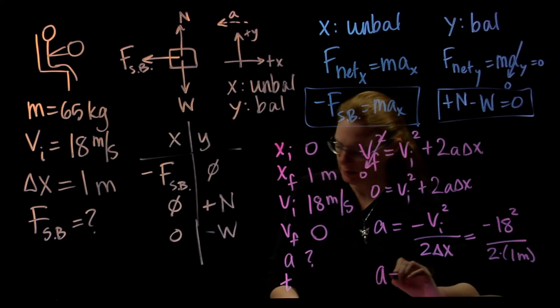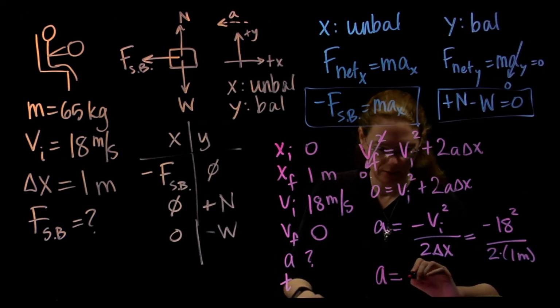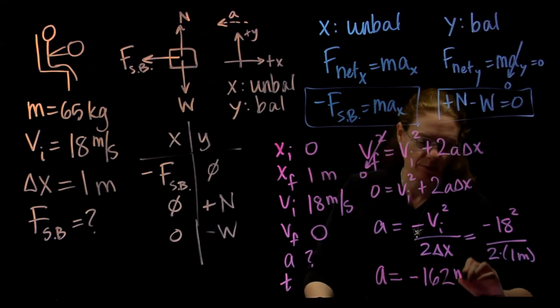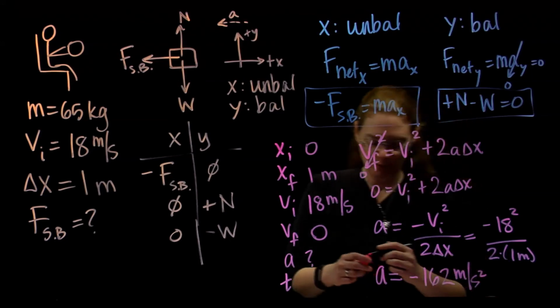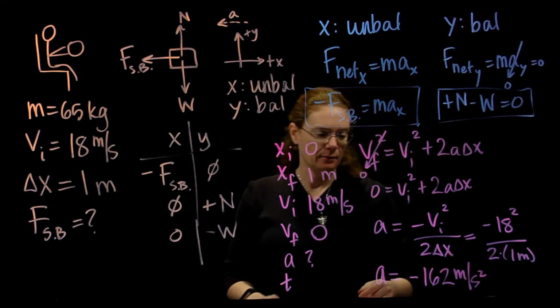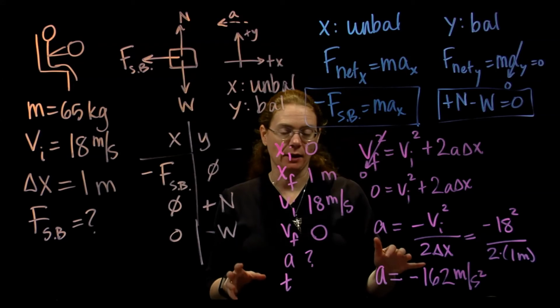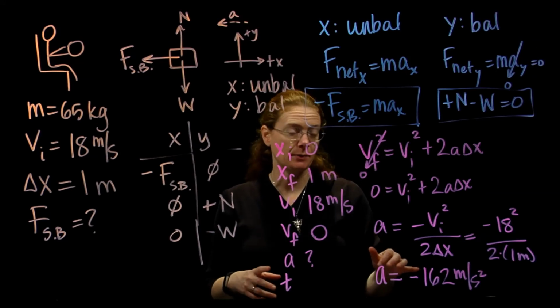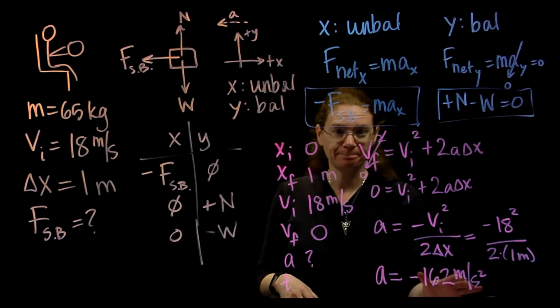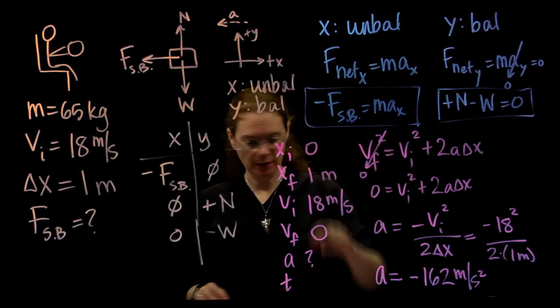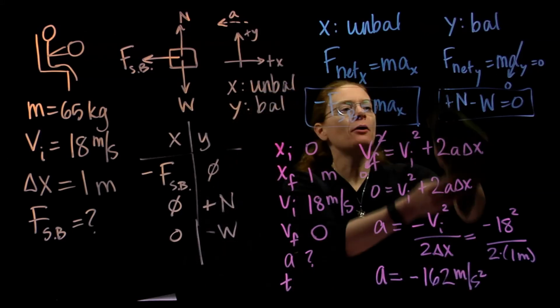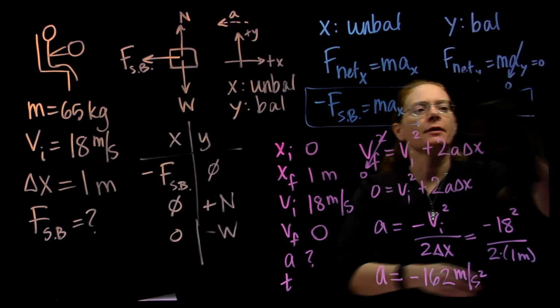My acceleration in this case is about 160 meters per second squared. That is 16 times gravity's acceleration, so that's 16 G's. That's pretty big. Go back, put it in here, and I'm out of space. So I can ignore this. I'll just erase this.